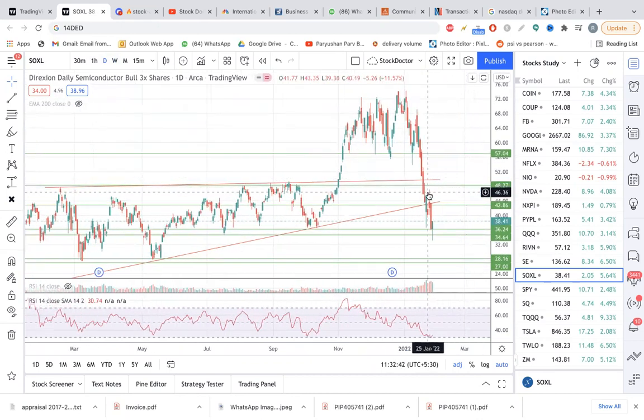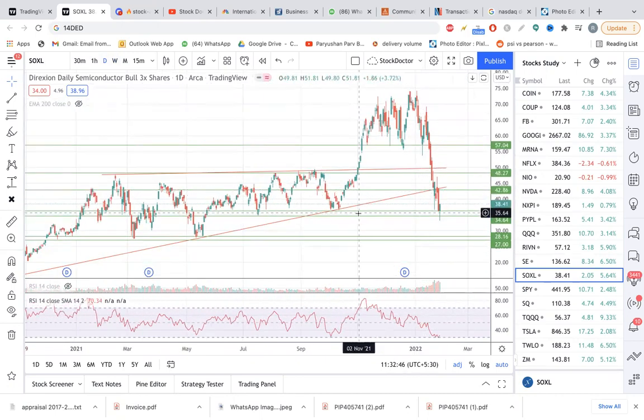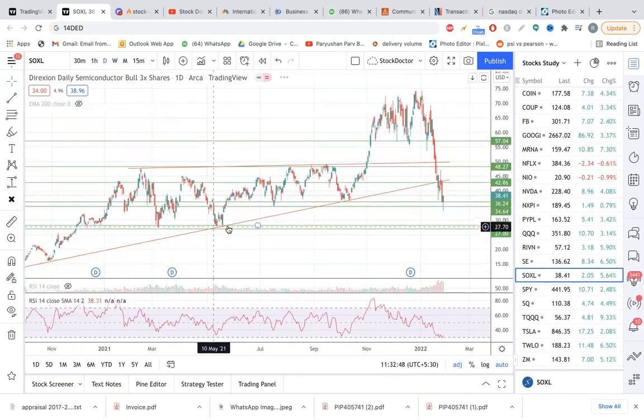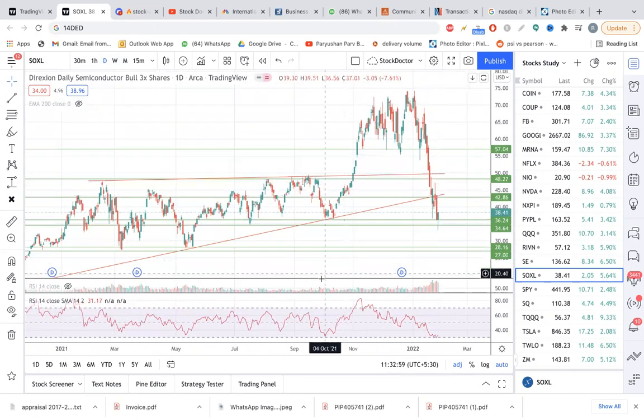it gave a breakdown. Okay, and I mentioned in my last video that this channel's low, or this trend line support, is coming towards 40 to 43 levels. So I expected that this can be a support area.